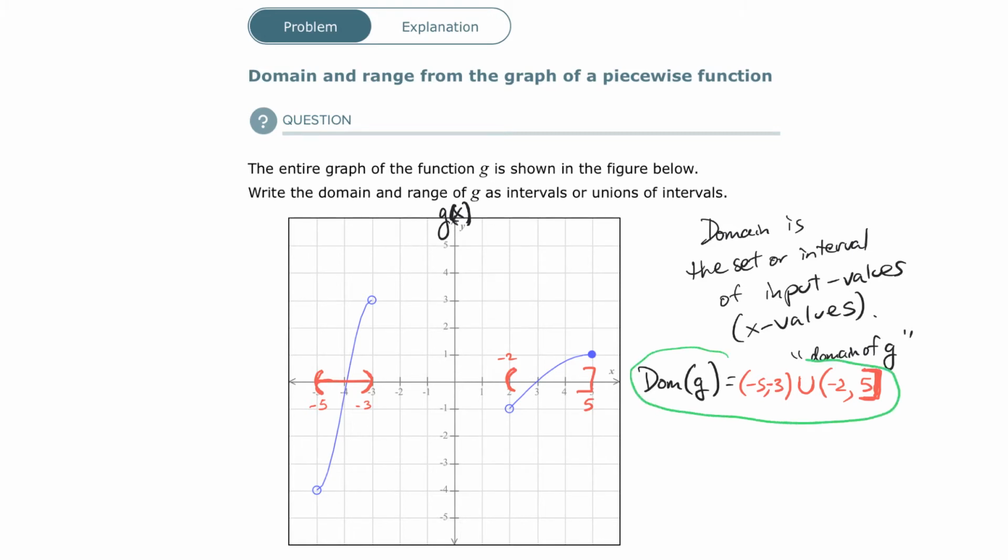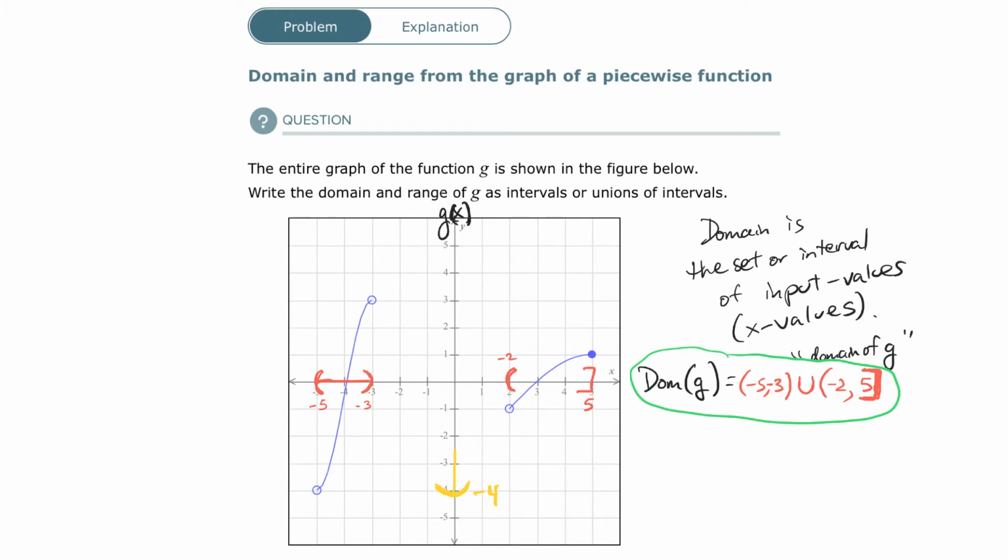Now, why don't we find the range? For the range here, instead of reading left to right, we're going to read from bottom to top. What is the first y value that shows up on the bottom? The first y value shows up right about here, but it doesn't include -4. Then we're reading from bottom to top.